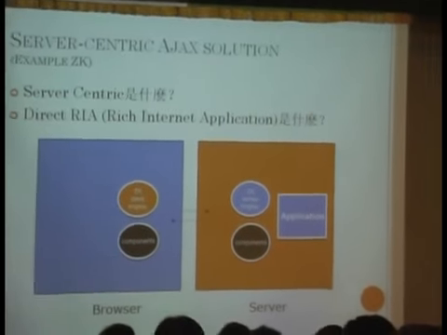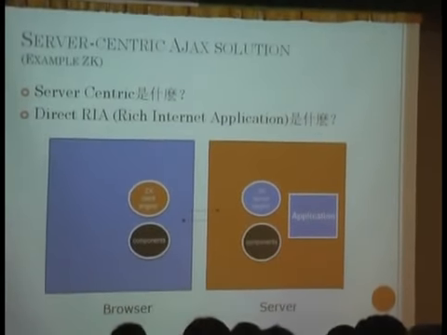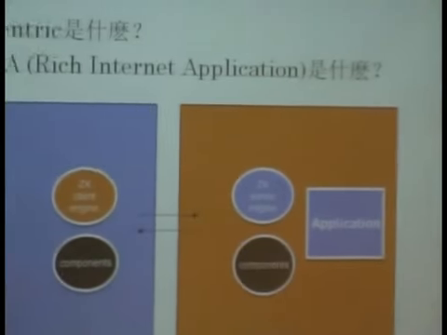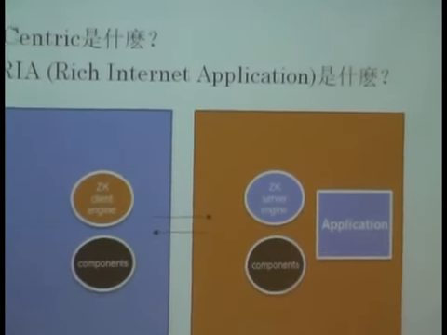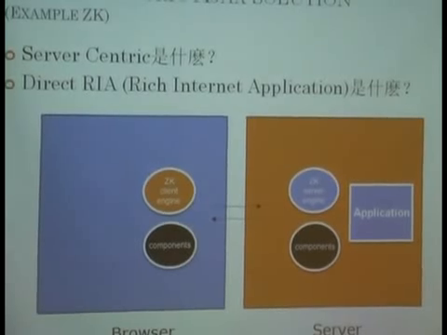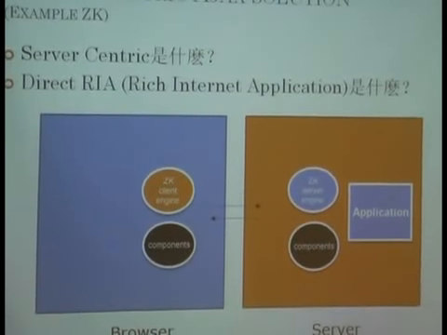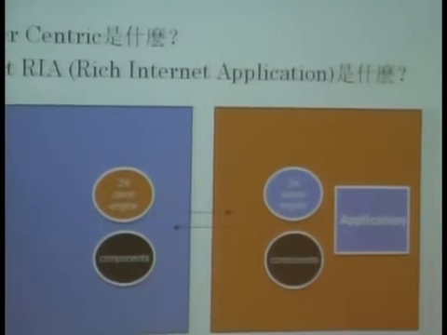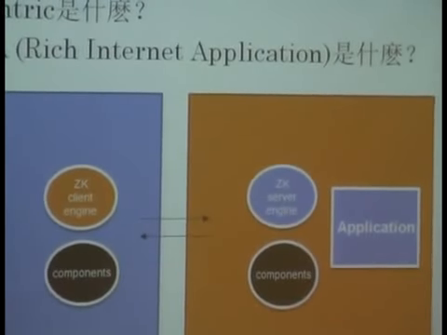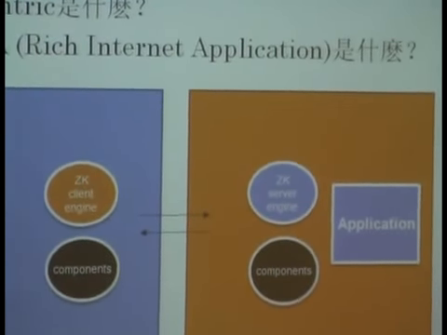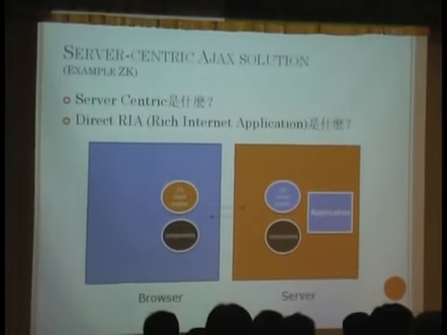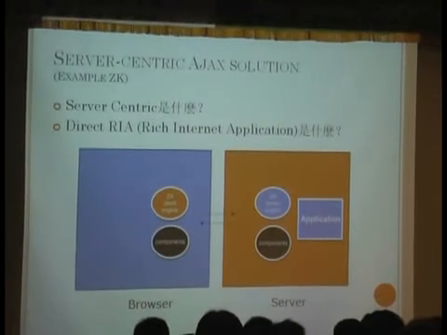As we notice on the diagram, there is only one application, the server side. This means when you come to write it, you only need to write one application, not two. You therefore don't have to do the communication. That is all done for you. That is all handled by ZK.